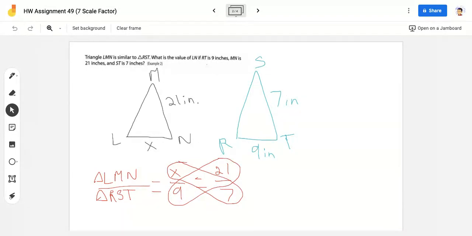We will have 7x is equal to 21 times 9, which is 189. Let's solve for x. So x is going to be equal to 27. Very cool.